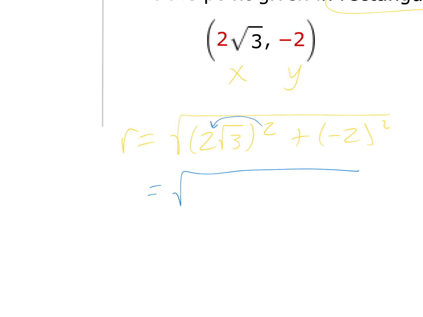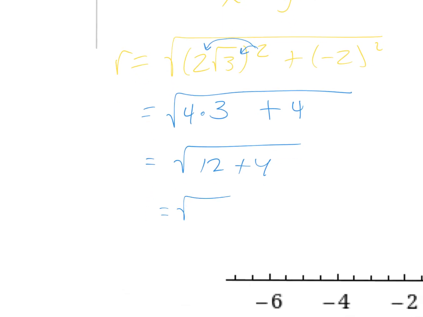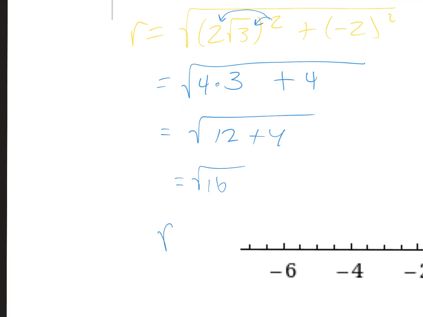It goes to the 2 and to the square root of 3. 2 squared is 4, times the square root of 3 times square root of 3 is just 3, plus -2 squared is 4. So this becomes 12 plus 4, which is 16. So what is your R value? R is 4.